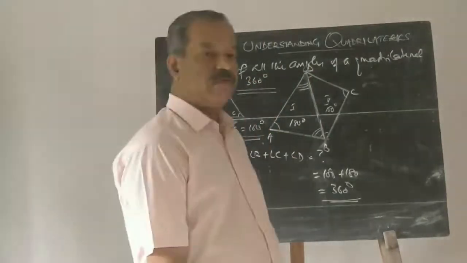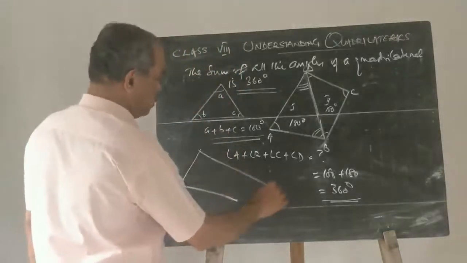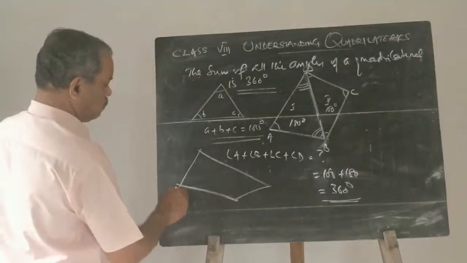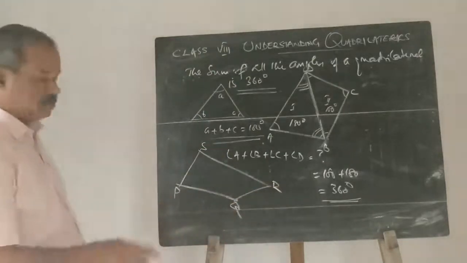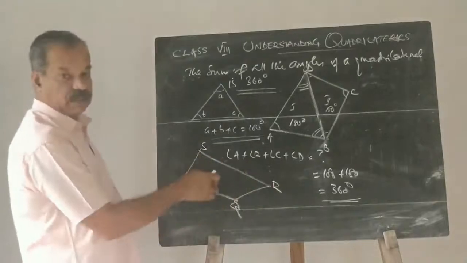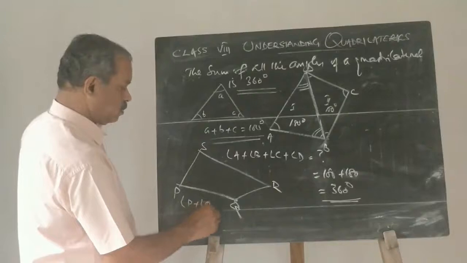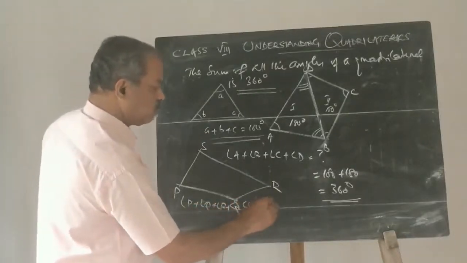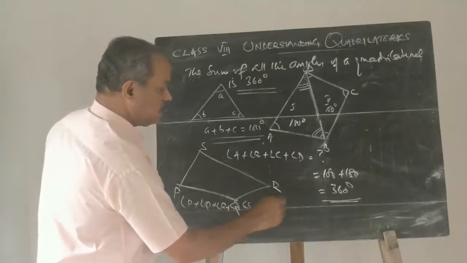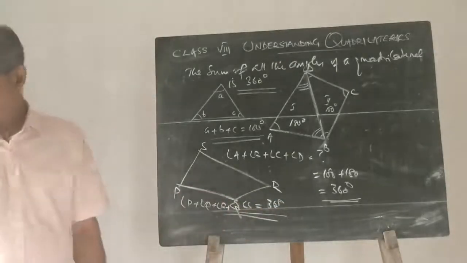The sum of all the angles of a quadrilateral is 360 degrees. PQRS. What is the sum of all the angles of PQRS? Angle P plus angle Q plus angle R plus angle S equal to 360 degrees.